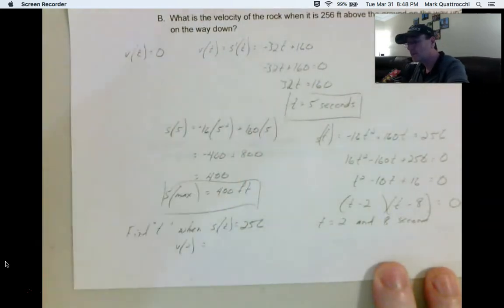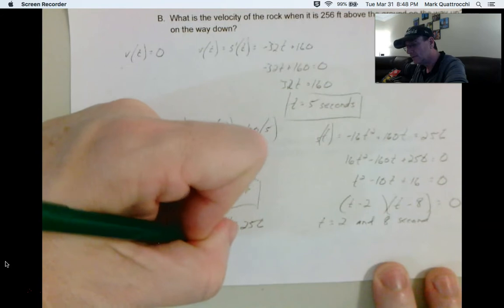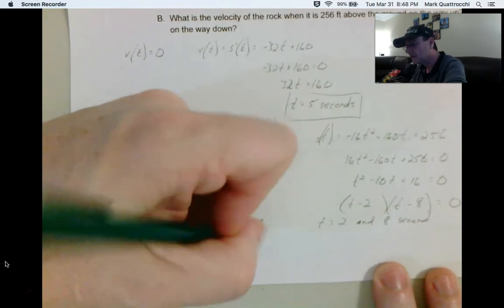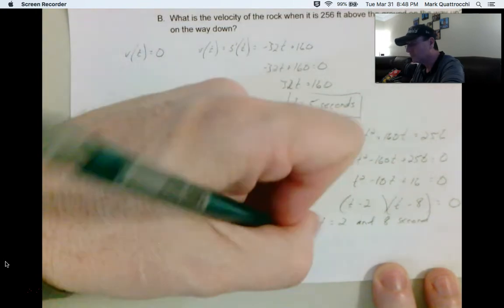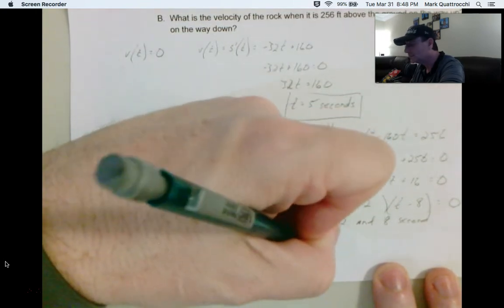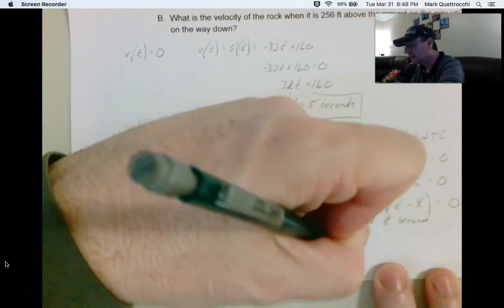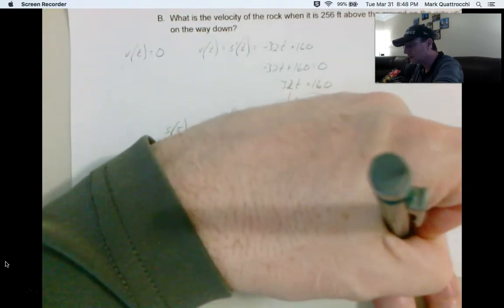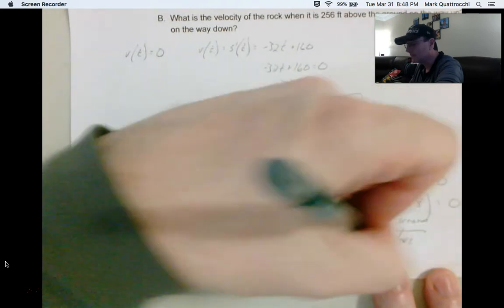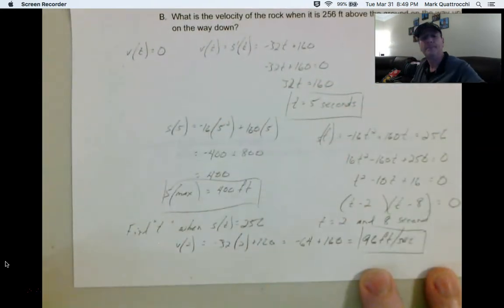V of 2 is going to be negative 32 times 2 plus 160, which is equal to negative 64 plus 160, or 96 feet per second on the way up.